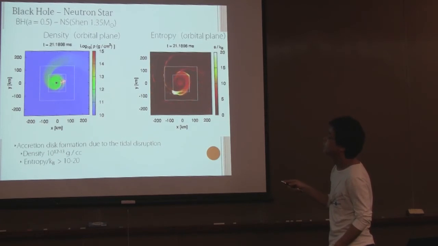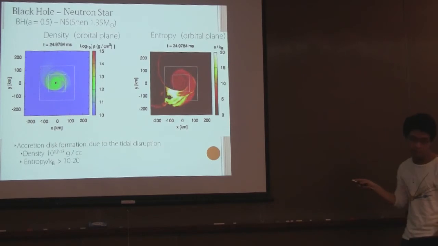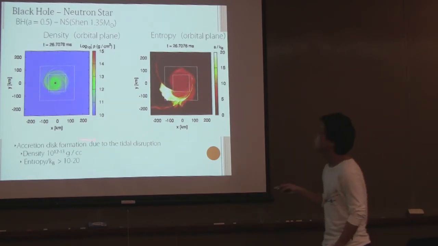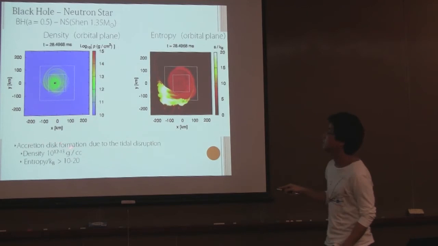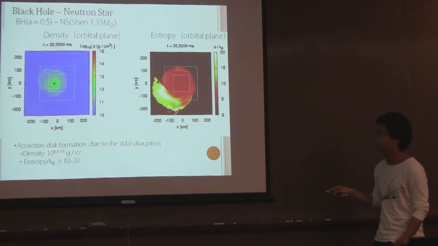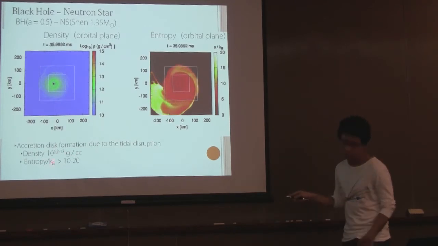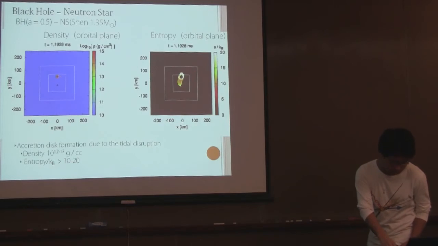Spiral arms develop, and matter is heated up by the spiral shocks. The typical density of the accretion disk is 10^12 or 10^13 grams per cubic centimeter, and the entropy is of order 10 in units of Boltzmann's constant.